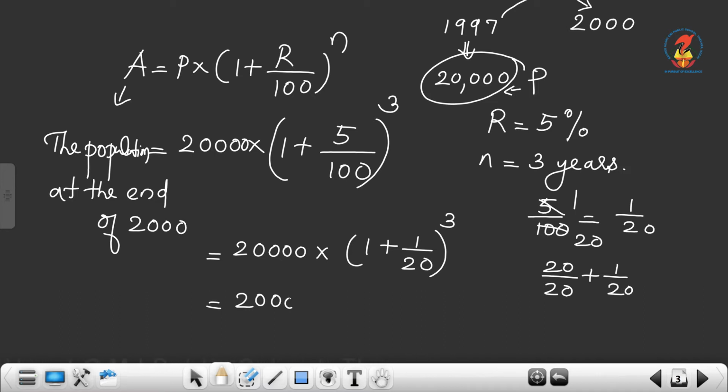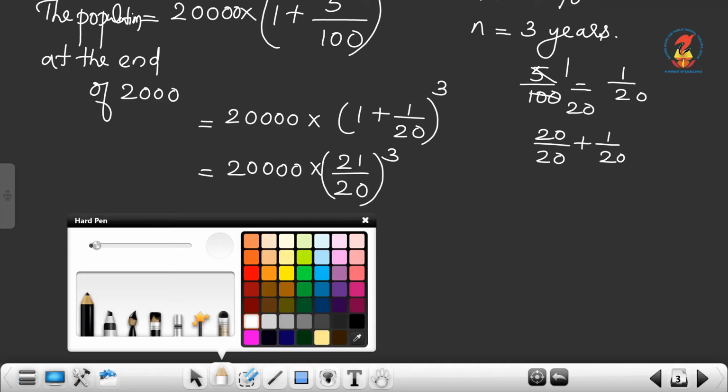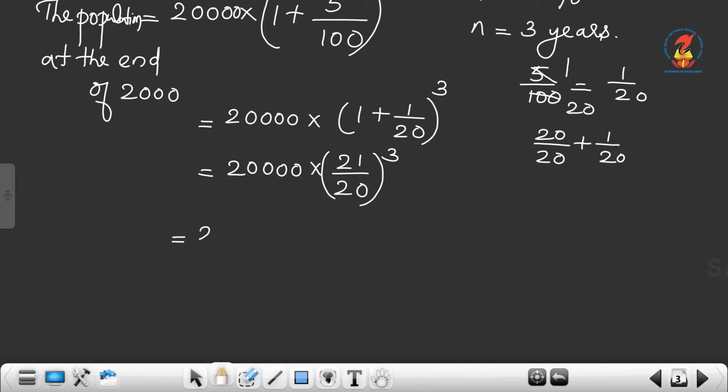So 20,000 into 21 by 20 whole raised to 3, which is equal to 20,000 into 21 by 20 into 21 by 20 into 21 by 20.